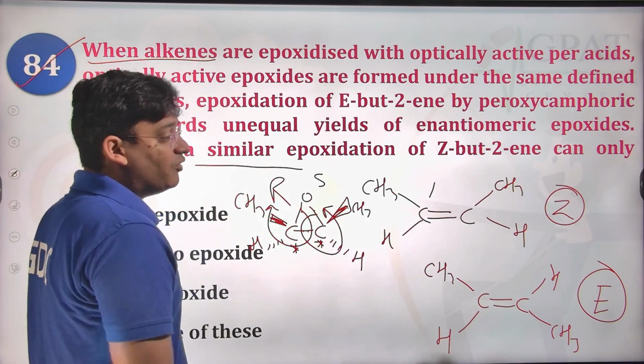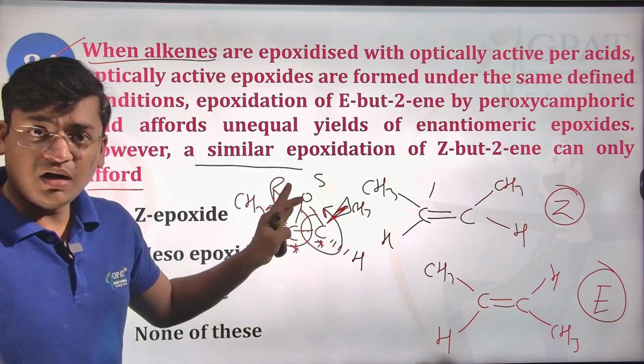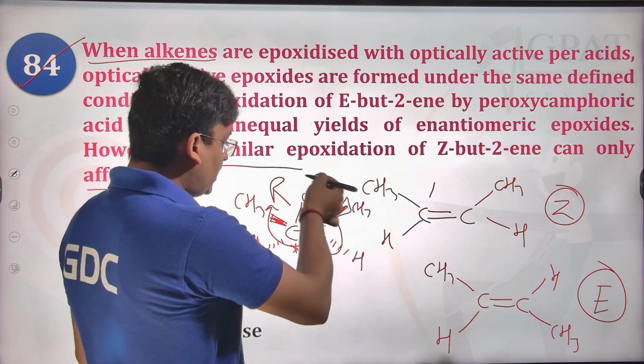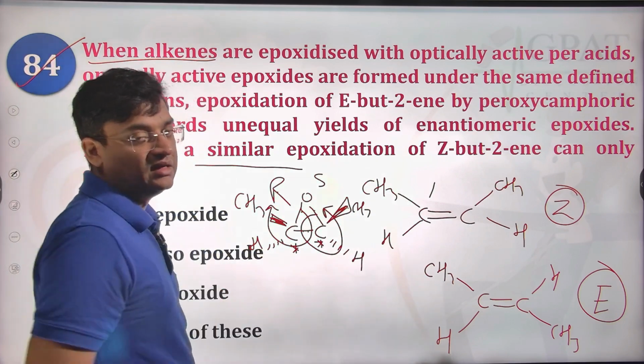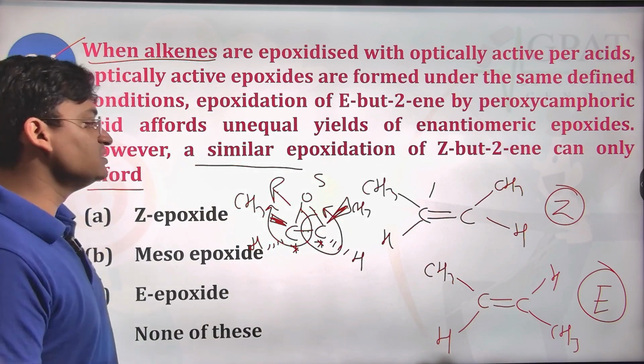So in the case of Z-butene, we are going to get only and only a meso product, since we are having a line of symmetry, and both of the chiral carbons have opposite configurations, R and S, with a symmetrical element. So yes, this is our meso compound.